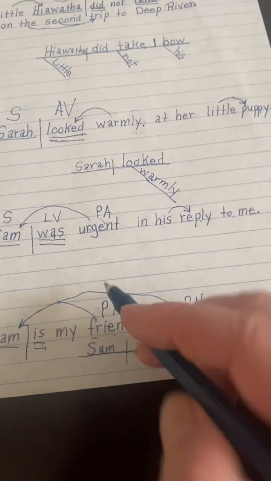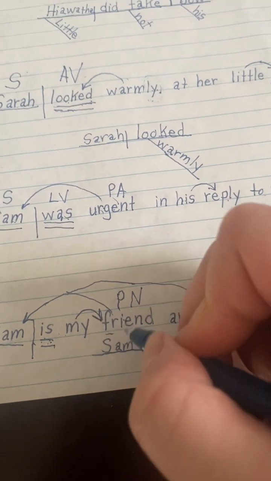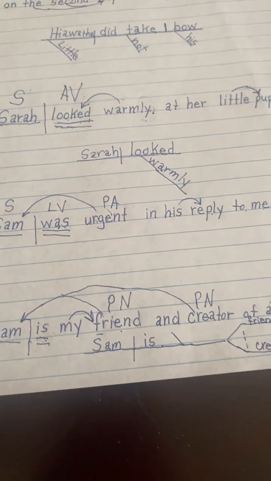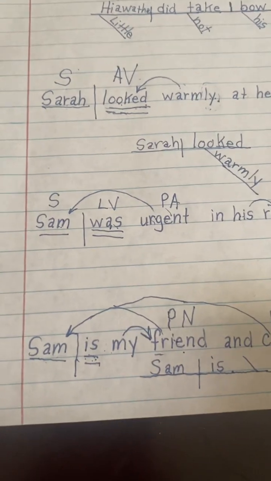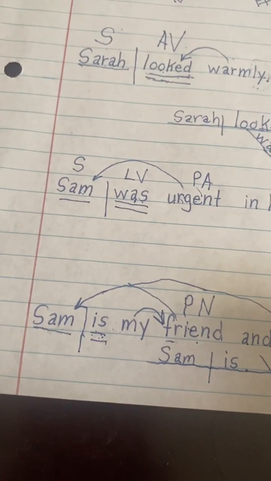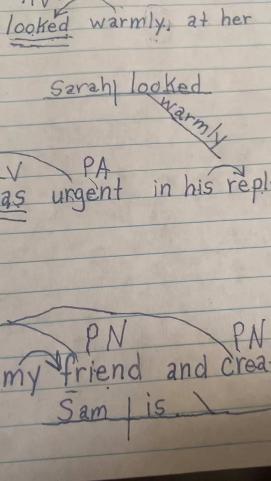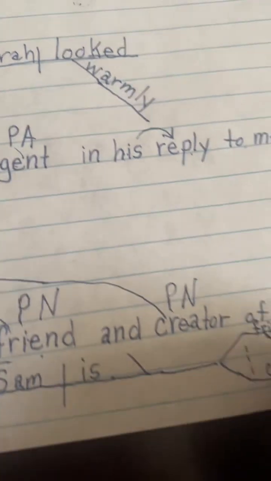There are adjectives here as well. My friend. Just notice that. My friend. Okay? So we'll put my there. You could put my there. My camera's going up there, but here we are.